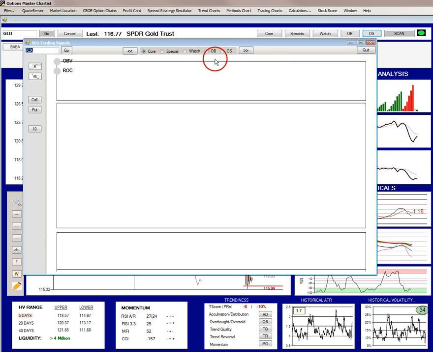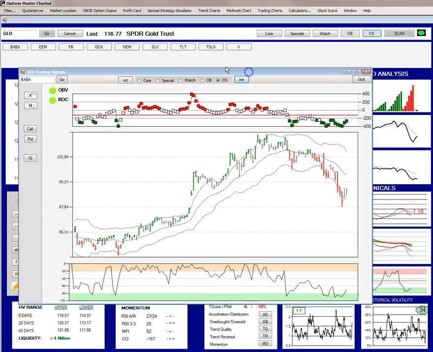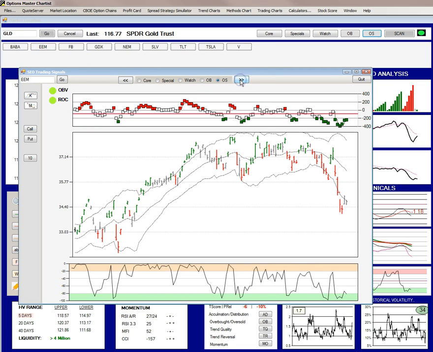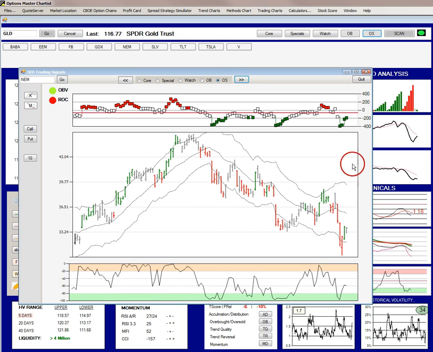We go to our SEO Trading Signals, and first we'll click on the OS button, and we can quickly go through the list. These are all the symbols that are in the OS list, and we can click through them in the SEO Trading Method and see if we have a setup, but we don't have any triggers. I think I've explained how to use the SEO trading method in a different video.